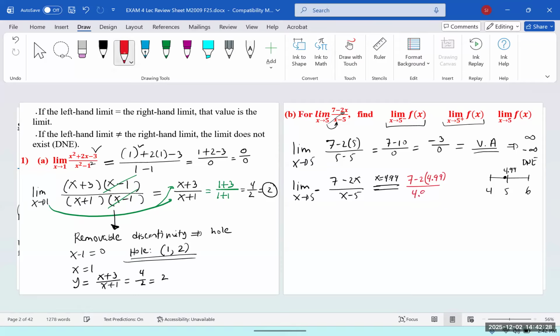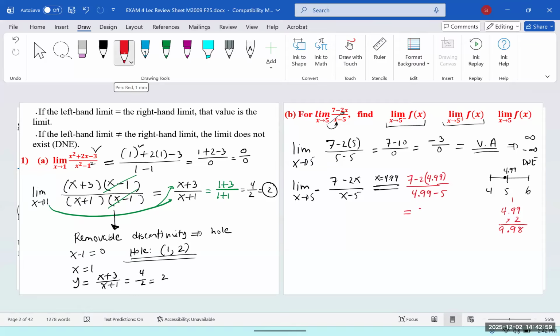And then the denominator is 4.99 minus 5. So in this scenario, 4.99 times 2 is 9.98.